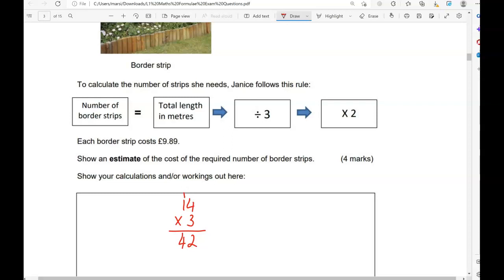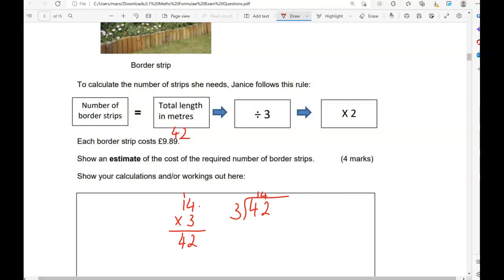So that is 42 meters, the total length. And we're going to divide that by 3 and then multiply by 2. So we've just multiplied 14 by 3 to give us 42. So 42 divided by 3 will be 14. It's reversing the process.